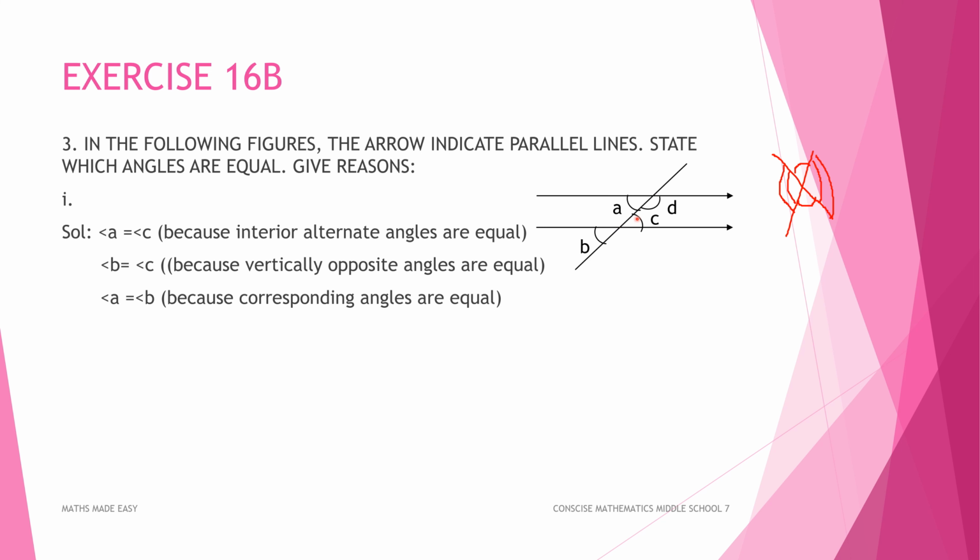Corresponding angles are formed on the two intersecting lines. Angle A is interior and angle B is exterior. B is outside the parallel lines, A is inside the parallel lines. So one is interior and one is exterior and they are formed at two intersecting points.